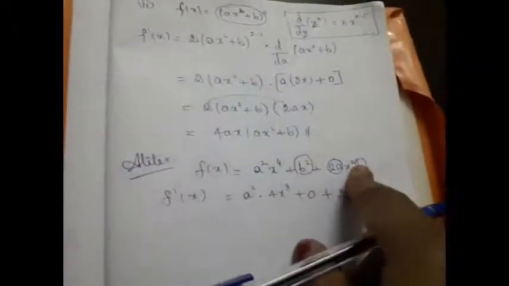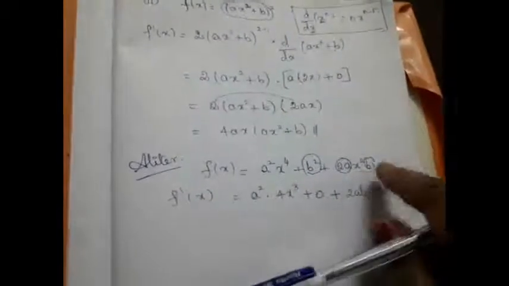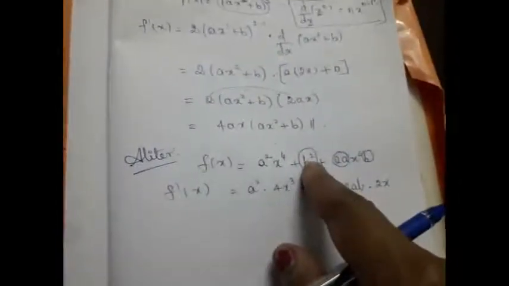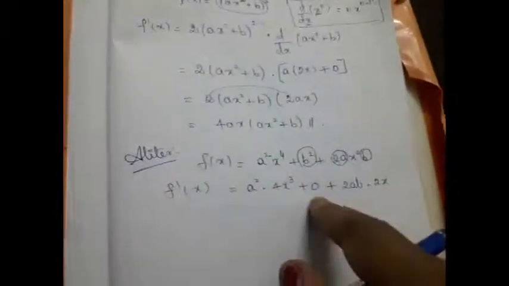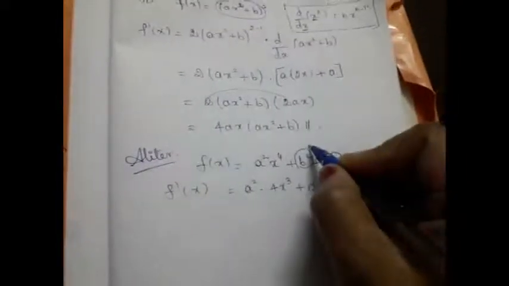Kindly make out the difference between this constant and here. This is a constant term. Here 2ab is the coefficient of a variable, right? Coefficient of a variable you have to write as such and differentiate the variable alone. But when you have a constant term, when you differentiate with respect to the variable, it will become 0 because constant term can be accompanied by the variable power 0.